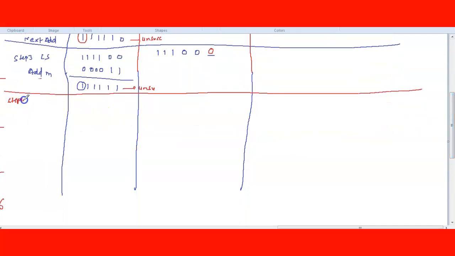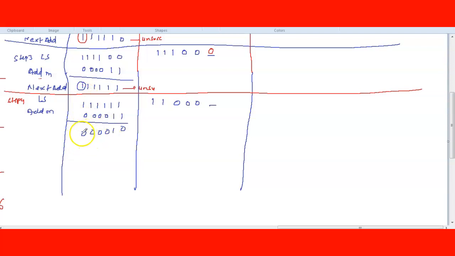Step 4, left shift. So 1 1 1 1 1 1 and 0 0 0. This bit is empty. Again this is unsuccessful, so the next operation is addition. Add M is 0 0 0 0 1 1. 1 plus 1 is 0 carry 1. 1 plus 1 plus 1 is 1 carry 1. 1 plus 1 is 0 carry 1. 1 plus 1 is 0 carry 1. 1 plus 1 is 0.